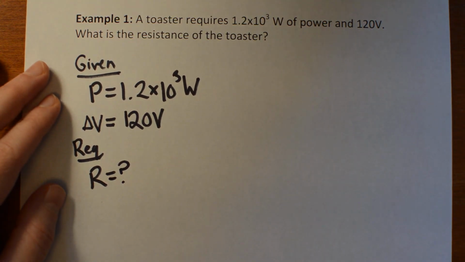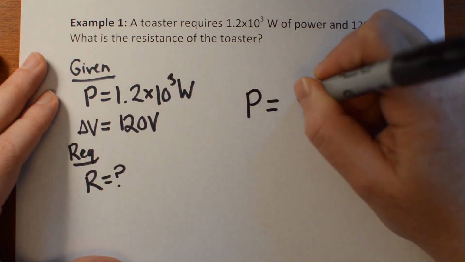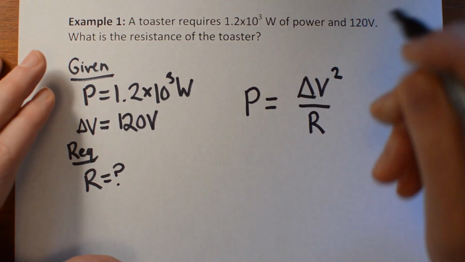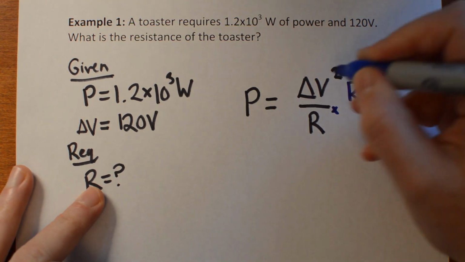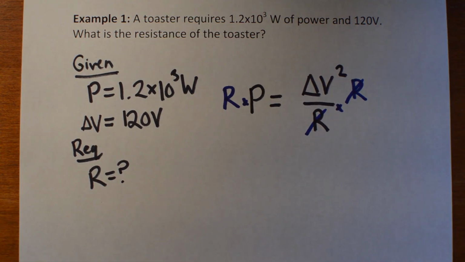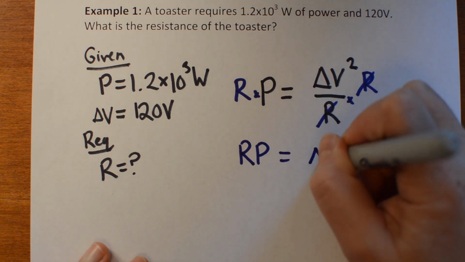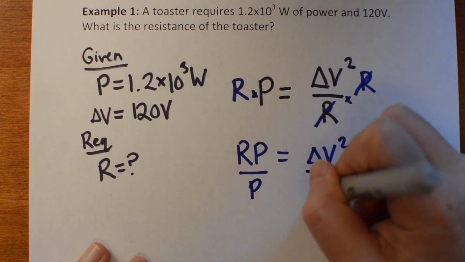So it kind of makes sense to use the equation we actually just derived, that power is the change in potential squared divided by the resistance. To rearrange this for R, you could use your little triangle, or you could multiply both sides by R. That clears the R off the bottom, and then I get R times P is equal to delta V squared. So you could divide both sides by power.